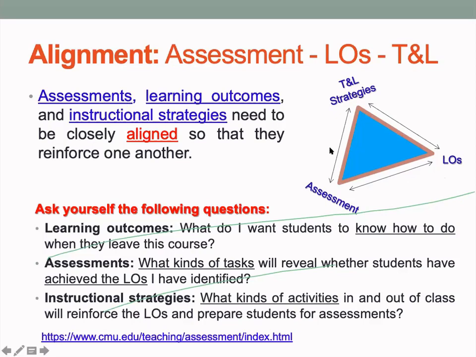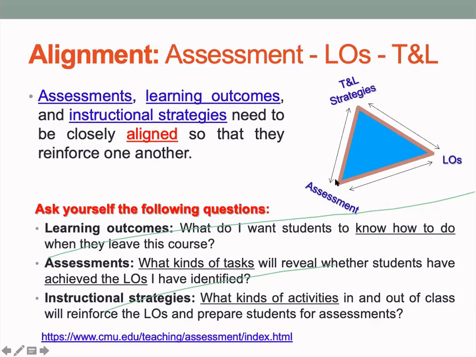These three must be aligned, and we hope they reinforce each other. Assessment should be aligned with the LOs. Teaching and learning should also be aligned with the LO. Teaching and learning should be aligned with the assessment, and so on.